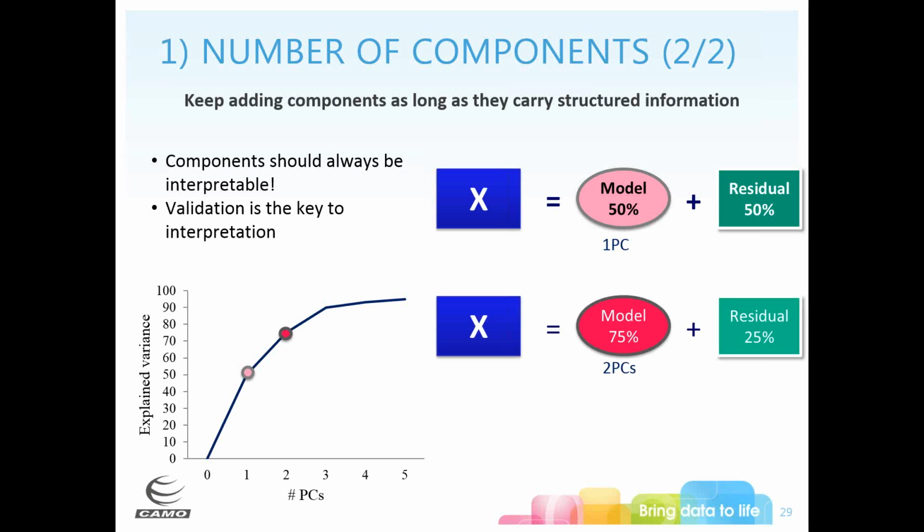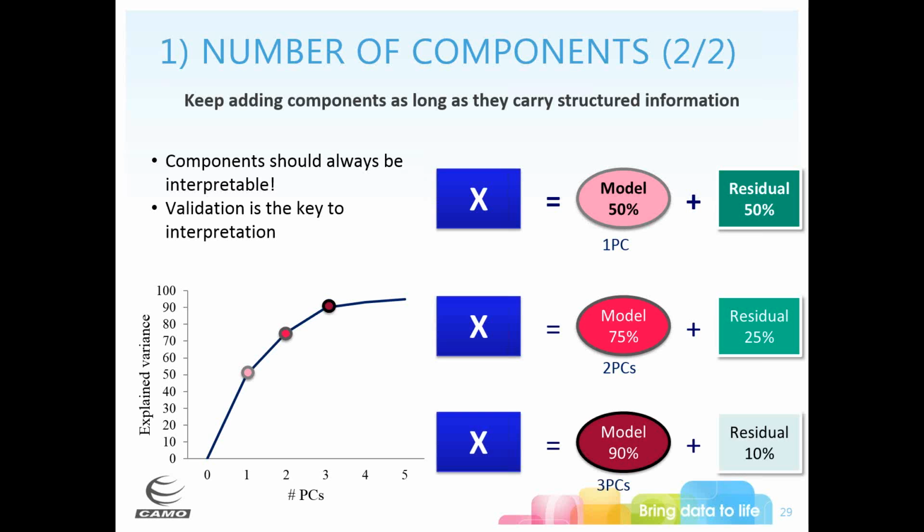In this case, we're getting another 25% of our information explained. So now our model is explaining 75% of the data, and there's 25% left over. Principal component 3 adds another 15%, so that our model is now explaining 90% with a 10% residual.